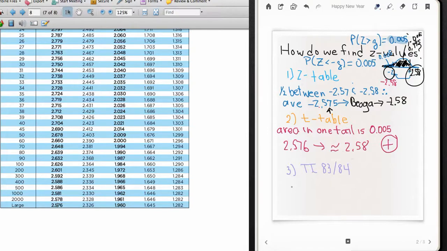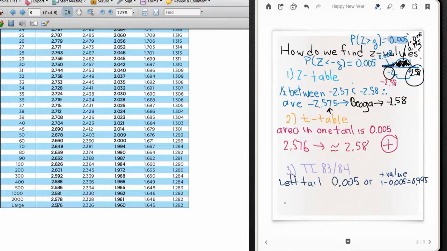Okay, our last one is to use the TI calculator. To do this with the TI calculator, I'm still going to be looking at the left tail area. So if I'm looking at the left tail area, I'm going to be saying that this is 0.005, or if I want the positive value, then I would say that I want the complement of 0.005, so 1 minus 0.005, and that's going to give me 0.995.